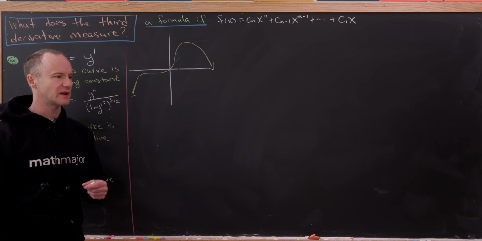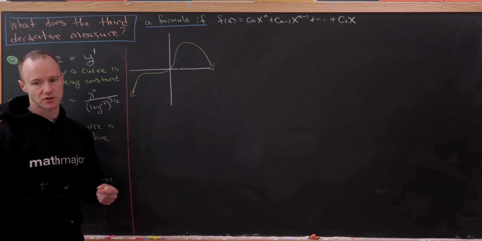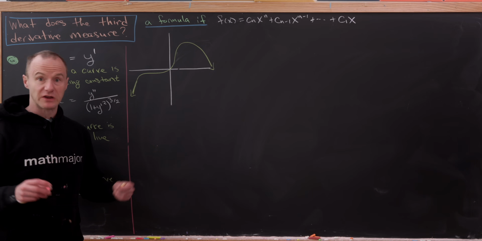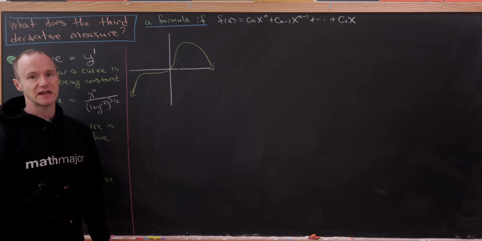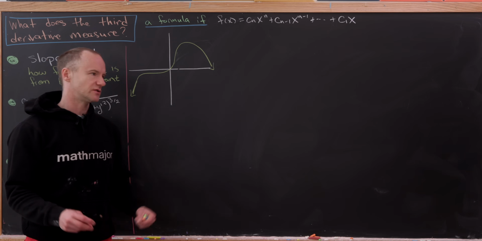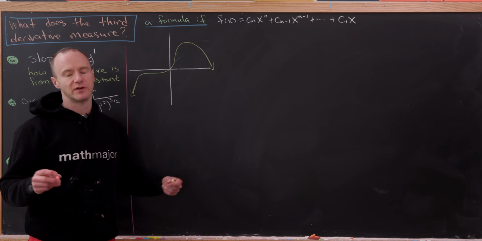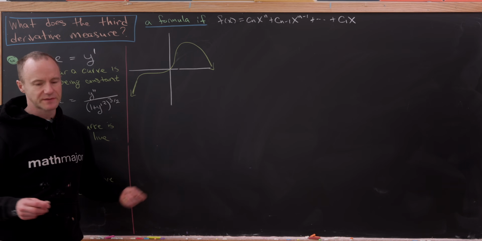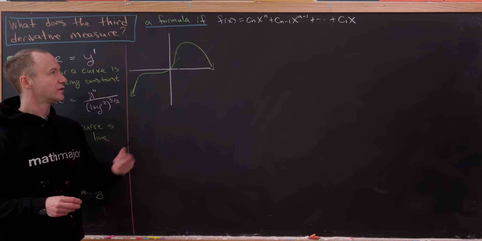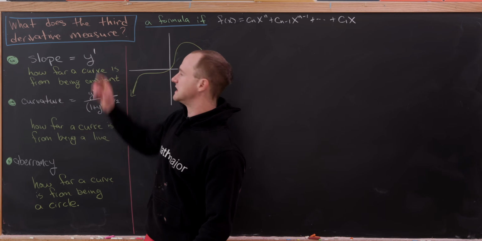Well, probably not as far as you might think, because if you have a nice function, I'll let you maybe figure out what nice means in this setup, then it's a sequence of polynomials. So you could maybe think of the aberrancy as the limit of the sequence of the polynomials that converges to our function, or something like that. But doing it for a polynomial will at least get us a formula like one of these over here.